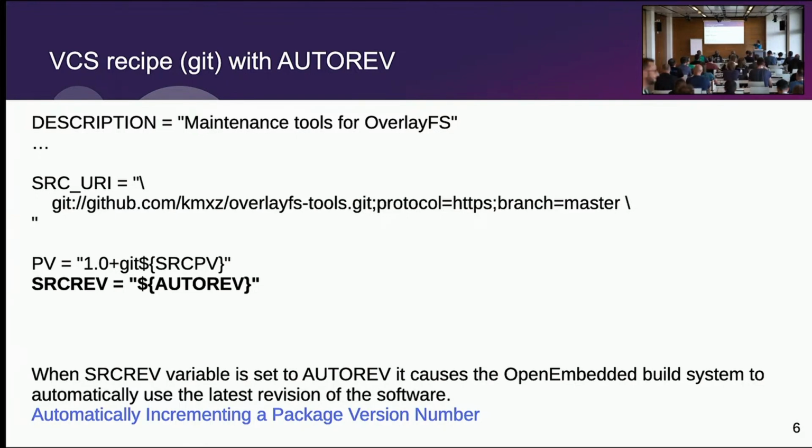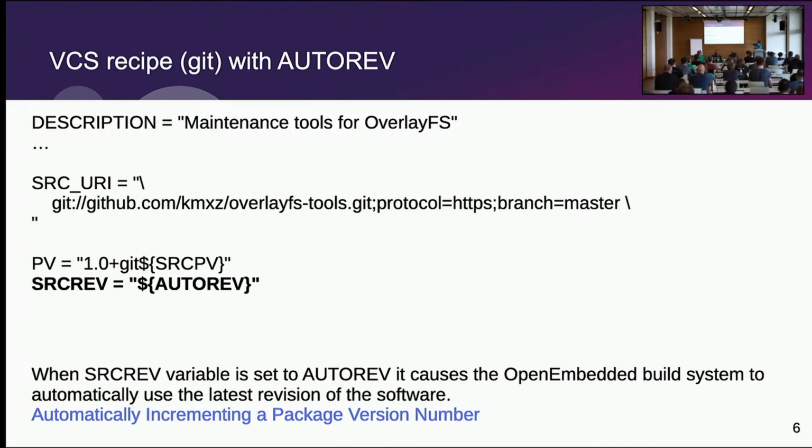One important note here is that not only am I setting AUTOREV, I also set the PV to a specific value. First of all, what it does is fetch the latest commit from the master branch, and the latest at the moment when you try to build it.